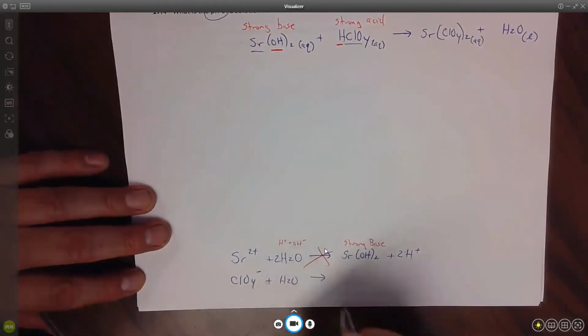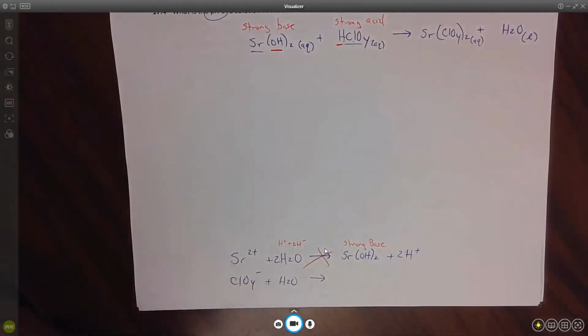What products would form if it reacted with the perchlorate? Jada, what products are going to form when the perchlorate ion reacts with water? You're going to get the chloride. Is it going to be ClO4, and then you have the H3O?